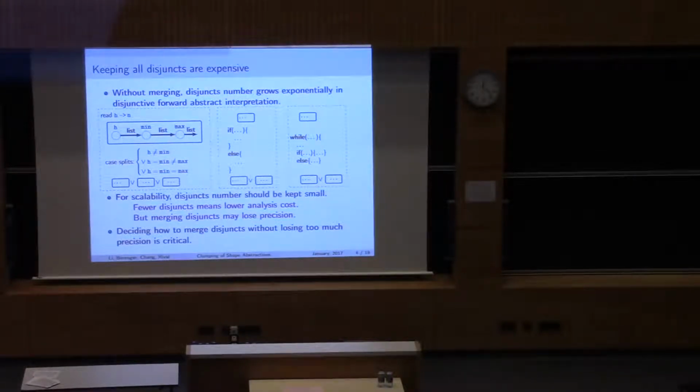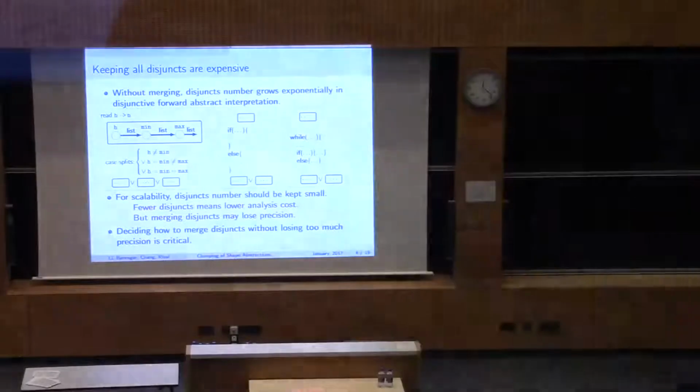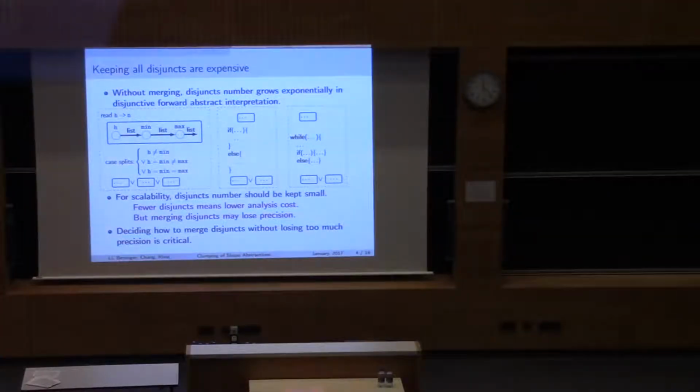Actually, each of these cases will correspond to an abstract state that we need to consider. Furthermore, a simple if-else statement will double the disjunct number that we have to deal with. And then if we put this branch statement into a while loop, each iteration will double the disjunct number.